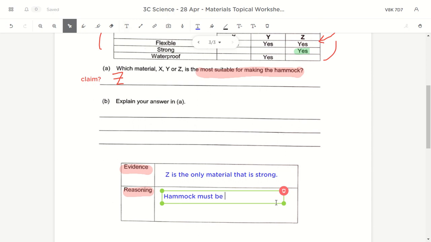That's the first important criteria, because it needs to be able to support the weight of the person before it tears. So there's no point if I have a hammock and it's weak, I rest on it, it tears. Even if it's waterproof, even if it's flexible, there's no point if it tears before I can rest on it. So being strong is the most important property.